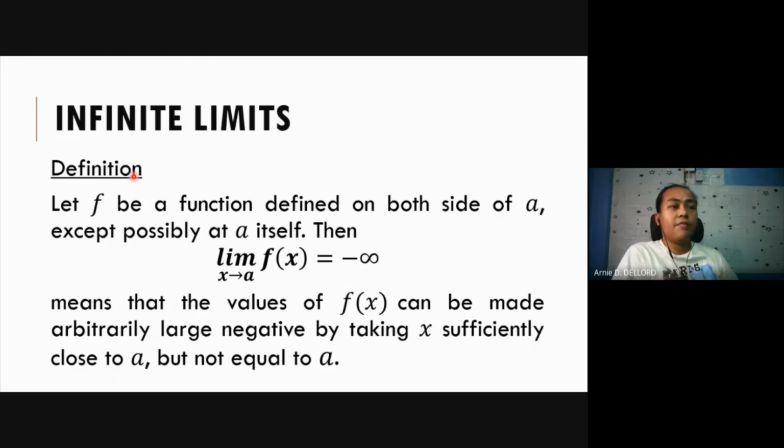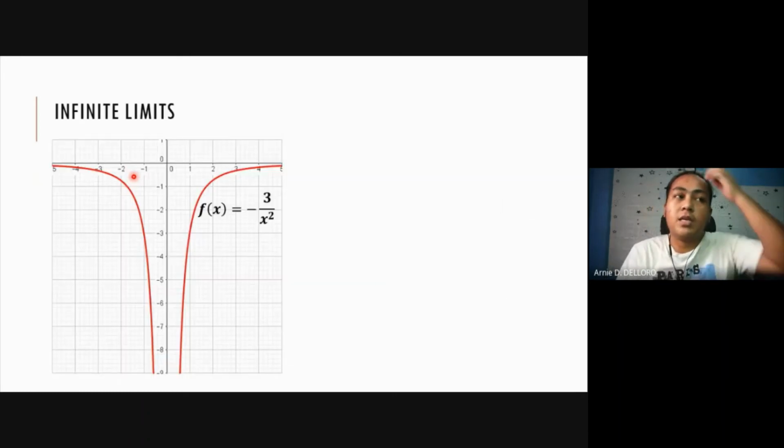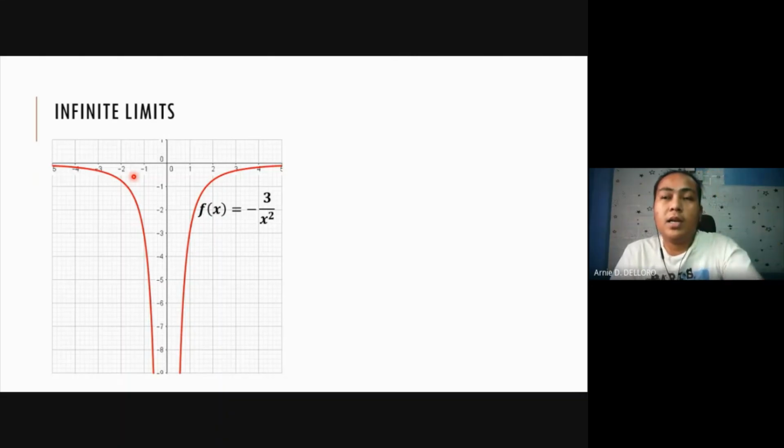Okay, so it means that the values of f of x can be made arbitrarily large, negative, by taking x sufficiently close to a, but not equal to it. Okay, so same idea lang naman siya doon sa positive. So in this case, kukunin lang natin ano ba yung limit ng function from the left of the given value of x or as x approaches to some value.